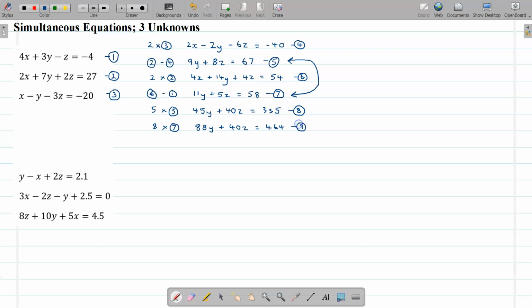So what I now need to do with equations 8 and 9 is subtract them to get rid of the 40z term.